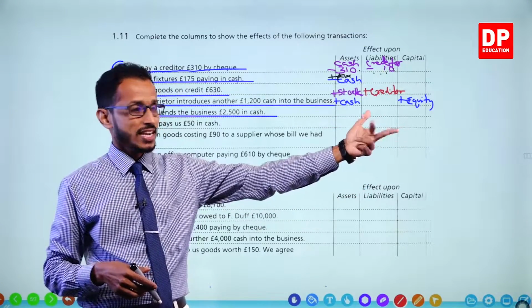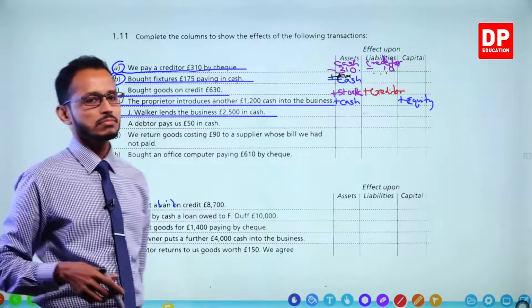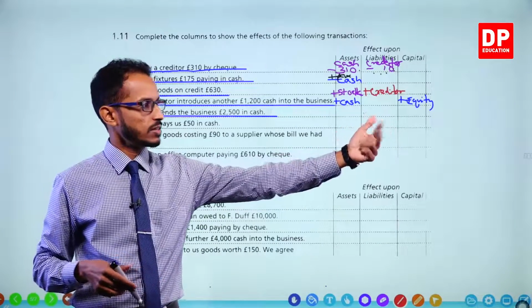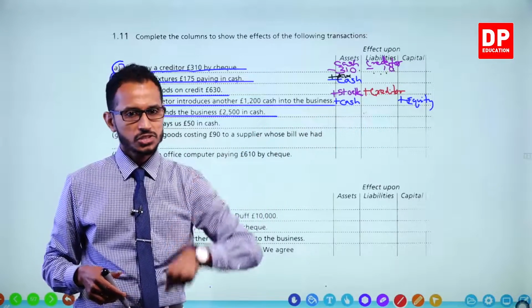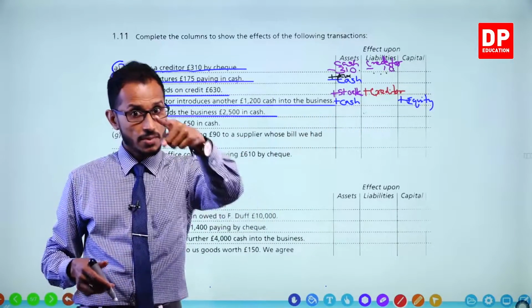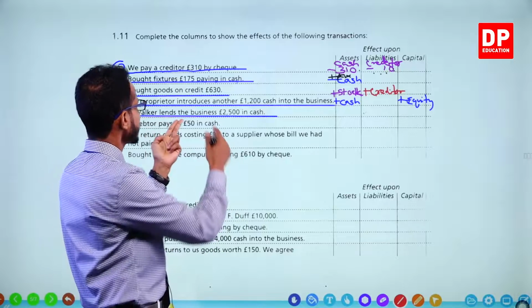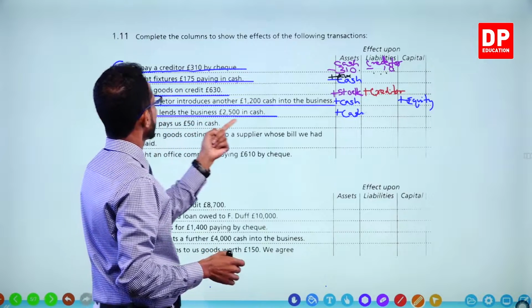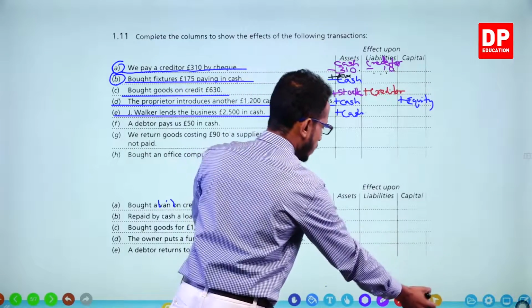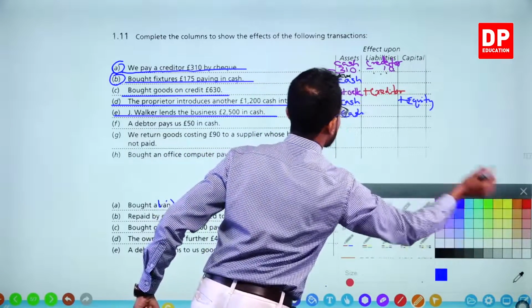His name is J. Walker. Mr. J. Walker, from him we borrow cash. Liability, right? Cash increase, liability increase. Under asset, cash increase. Under liability, liability increase.